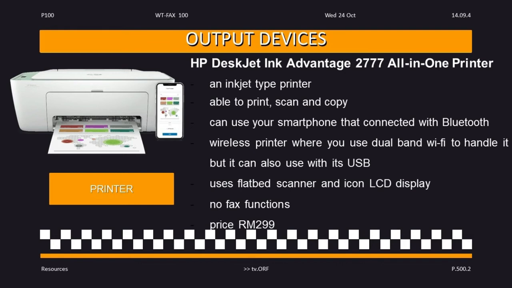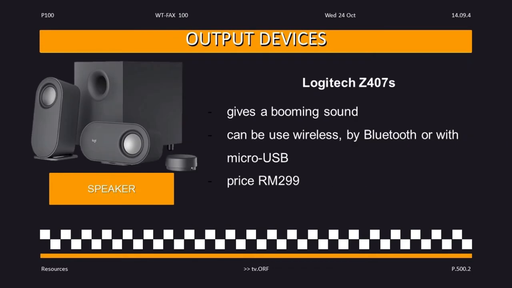This printer is a wireless printer that uses dual band Wi-Fi, and it can also be used with its USB, but to use the USB, you need to buy the cable separately. This printer uses a flatbed scanner and an icon LCD display and it has no fax functions. The price is 299 ringgit.